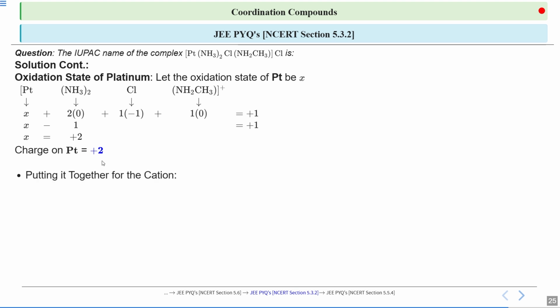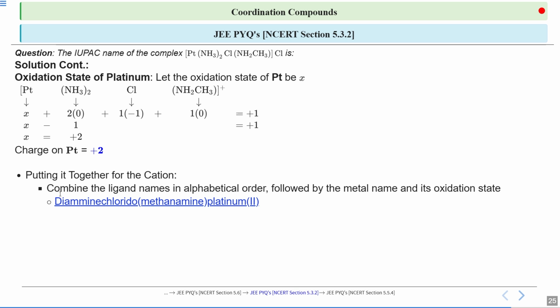So we put it all together for the cation: we combine the ligand names in alphabetical order, followed by the metal name and its oxidation state in Roman numerals. So we get diamine chlorido methanamine platinum(II). This is the cation part.